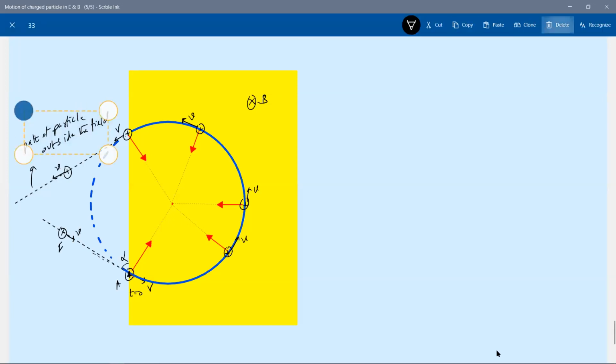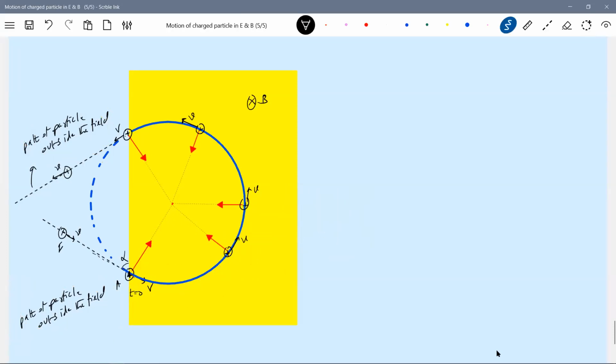Now let's write all the possible parameters for the path. There's a center of curvature at point A, and at point D it will leave. So I'm interested again in this beta.